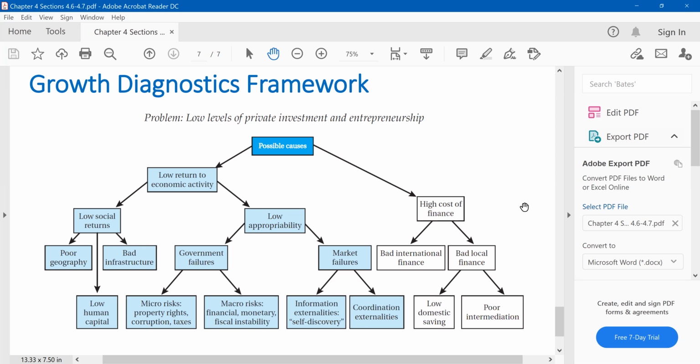So the macro policy environment, which is of course the responsibility of the government of the country, is usually a reason.